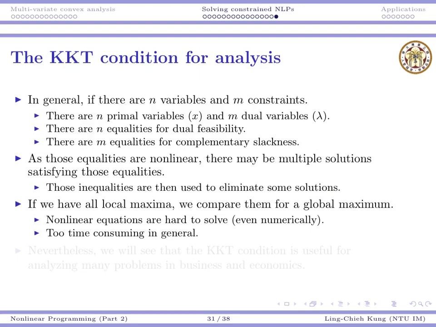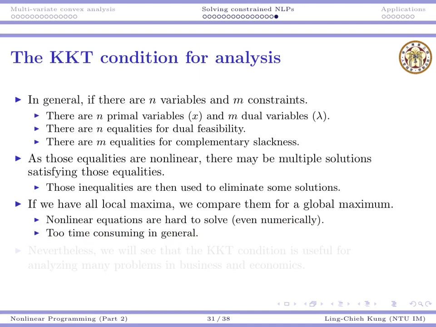Okay, that's possible. Finally, if we have all the local maxima, and in general we may have many, then we can compare them for a global maximum. But nonlinear equations are hard to solve, and comparing all of them may take too much time.